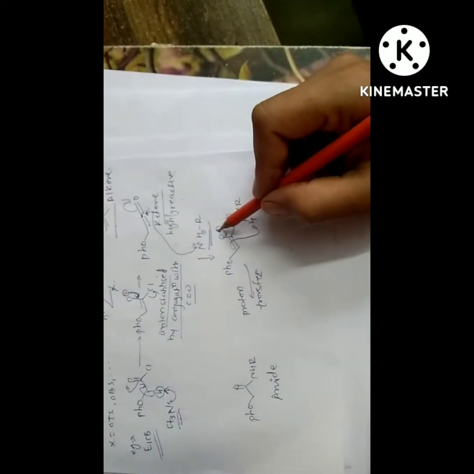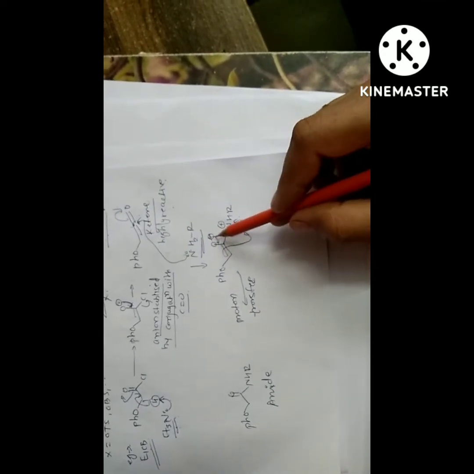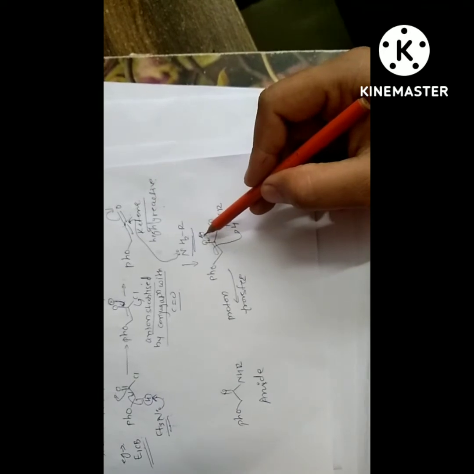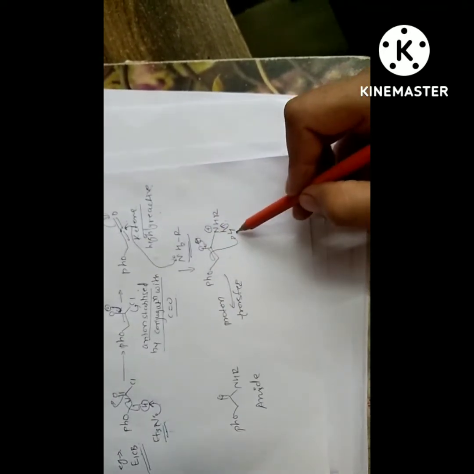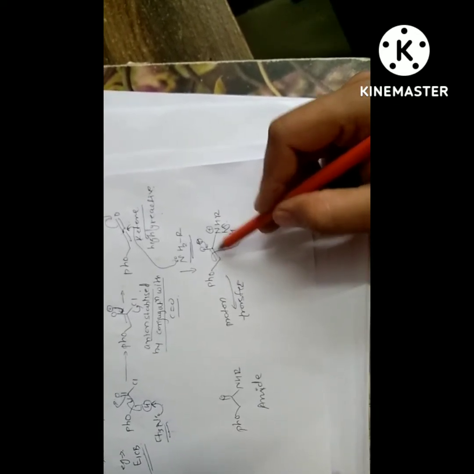So we get this O minus, oxygen minus. The bond moves like this. The O minus bond will come to here, and this is nothing but the electrophilic nucleophilic center.